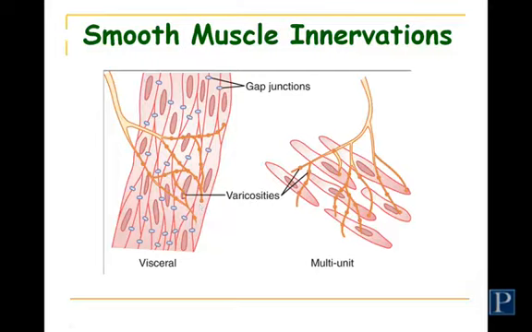They release the neurotransmitter into synaptic clefts, but the synaptic clefts in smooth muscle are very wide. So they sometimes use the term diffuse junction. When the neurotransmitter is released, it's more widespread instead of being very specific.